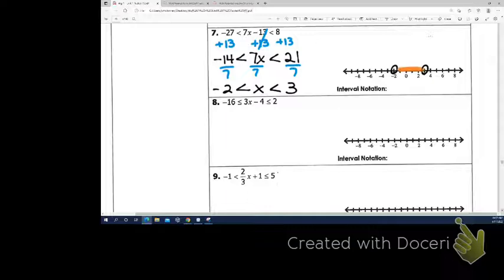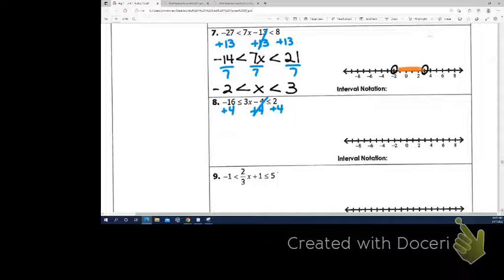So for number 8, what's our step 1? I want to subtract 4 or add 4, yeah. Yeah, get rid of that subtract 4, right? So we're going to do that by adding 4. We'll add it to the 2 and to the negative 16.